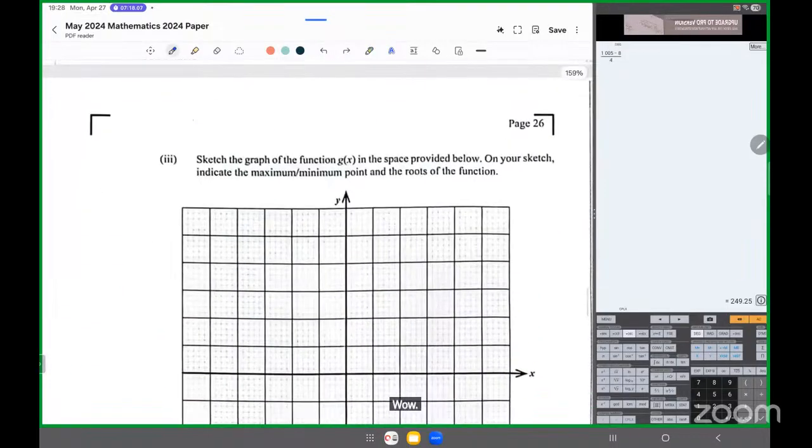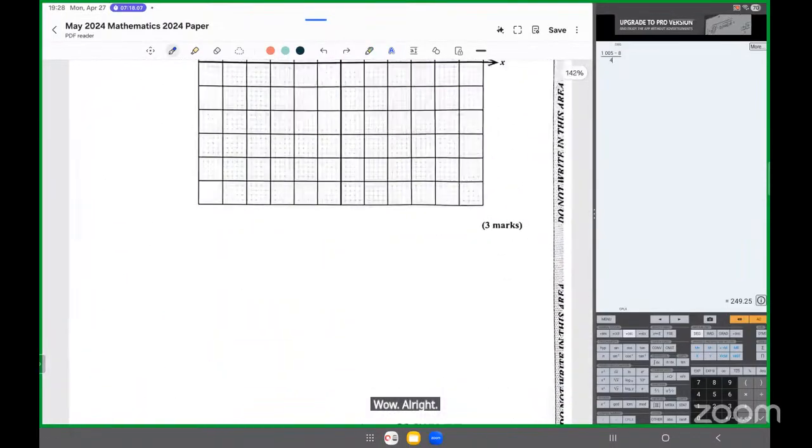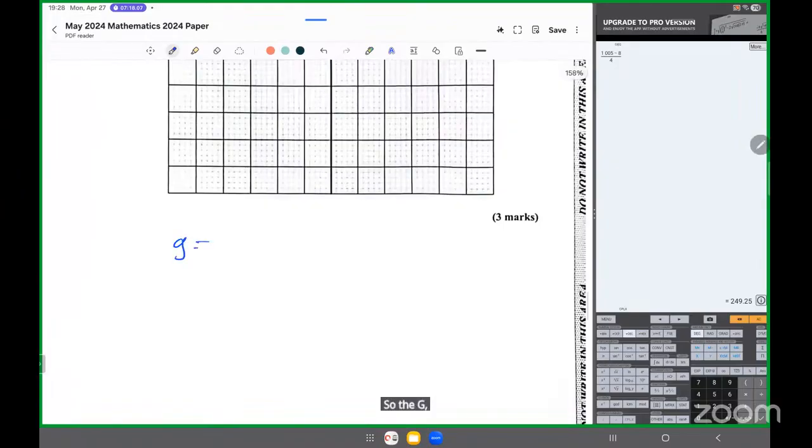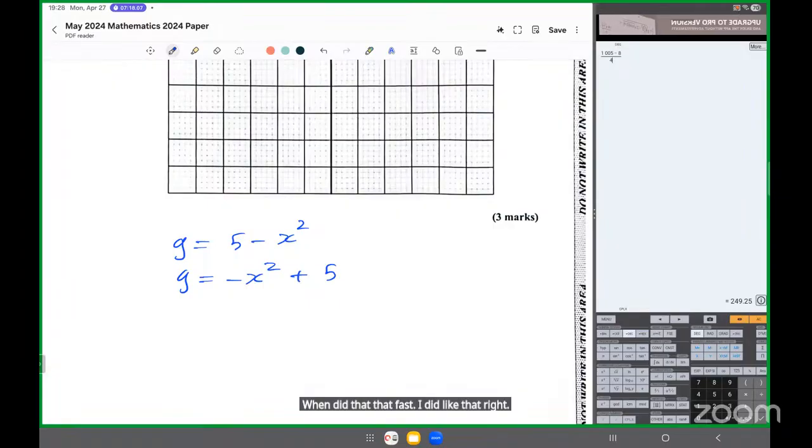All right, so let's do it down here. Put the summary down here for it. So the g function is 5 minus x squared. We know it as minus x squared plus 5. Now, when it is like that, guys, this x squared, you have written as x minus 0 squared.